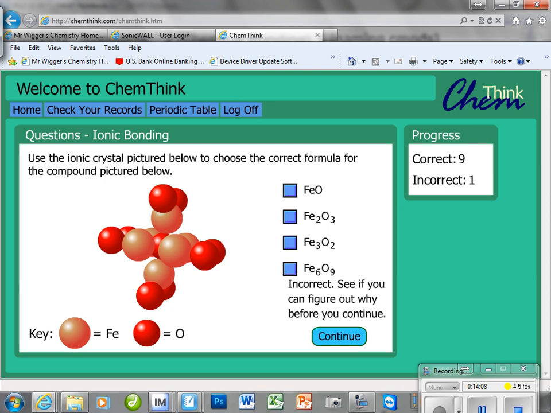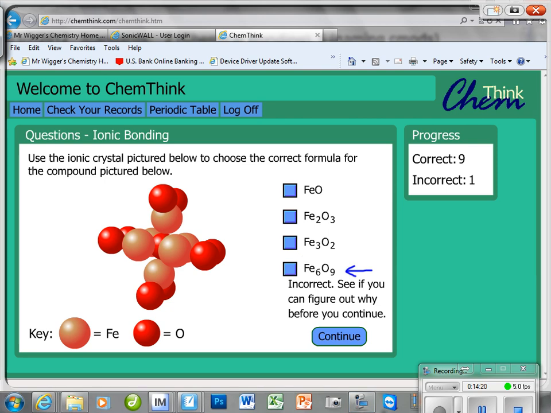So the ratio here, and I touched that before I went ahead and made my choice. What I was going to do is go ahead and click here, and what that would give us is this guy. Now, for that guy, that is the ratio, but it's not the smallest ratio.